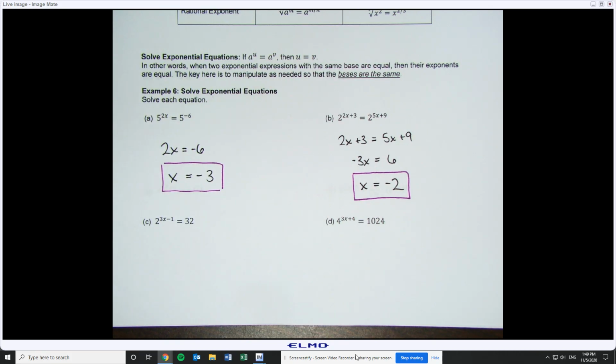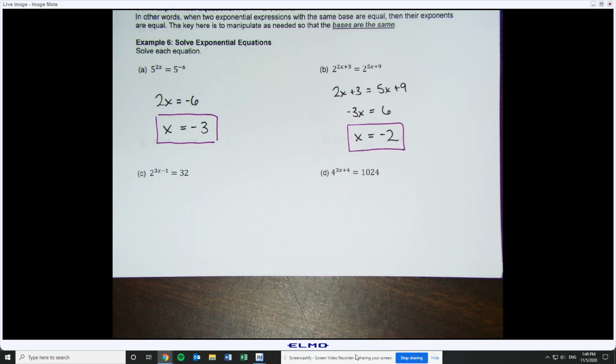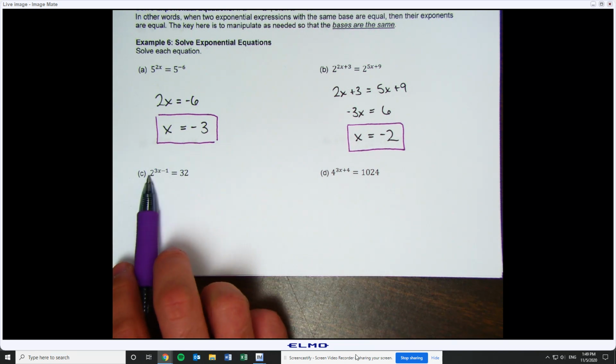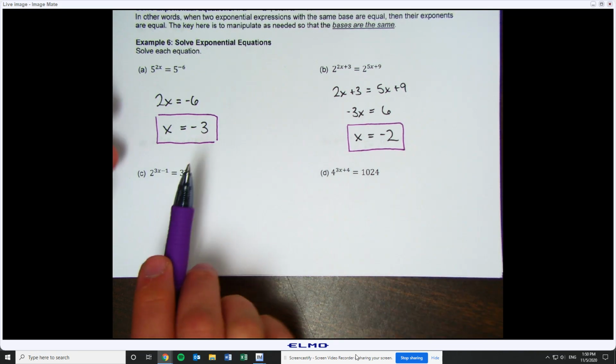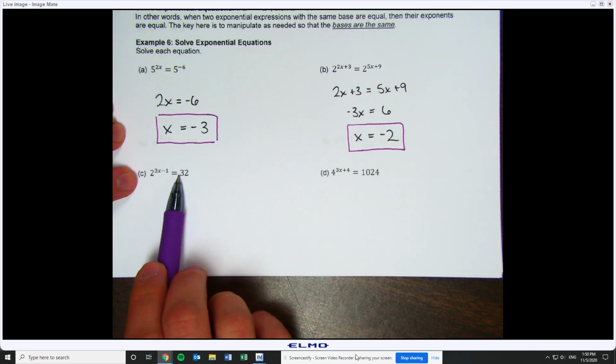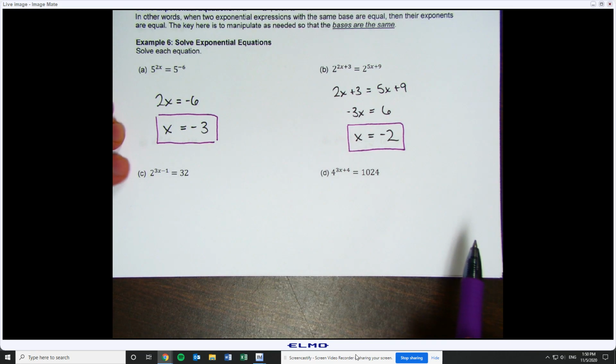Now, that's all nice and dandy if the bases are the same. But looking at our next two problems, these bases are not the same. I have base 2 and base 32. Well, there is a way to take care of this. The way we handle problems like this is we check to see, can I rewrite 32 so that it's 2 to a power?